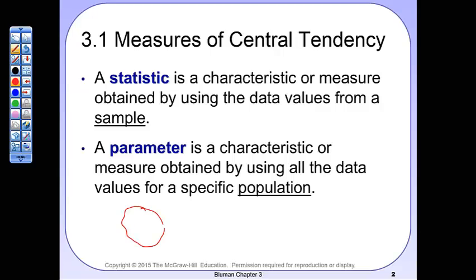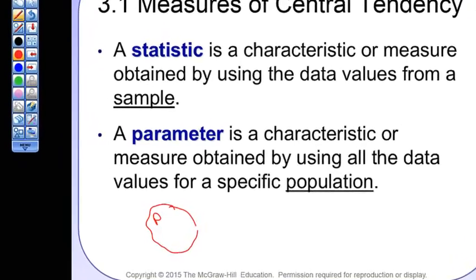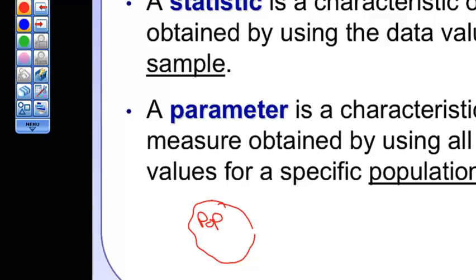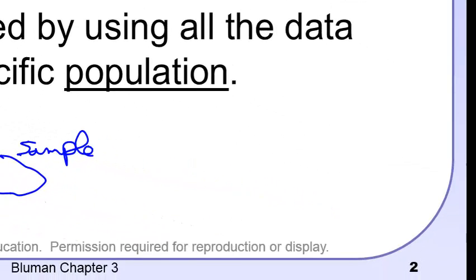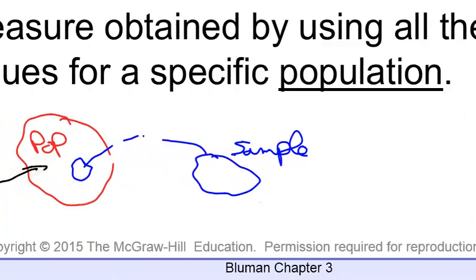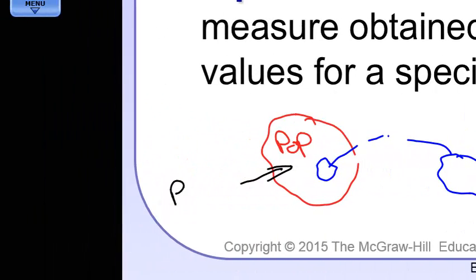we had the circles where we drew population, and then we took out a little piece of it, and that was our sample. So this was our sample. Okay, so anything that comes from our population is going to be a parameter.